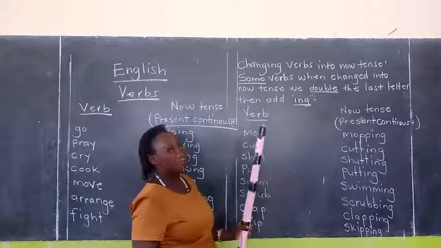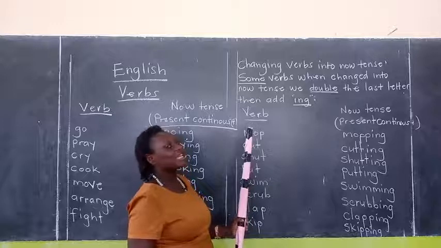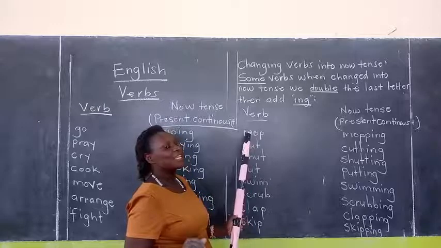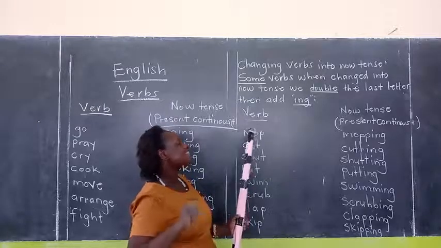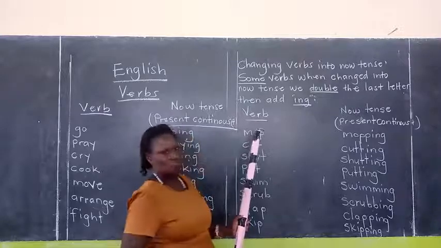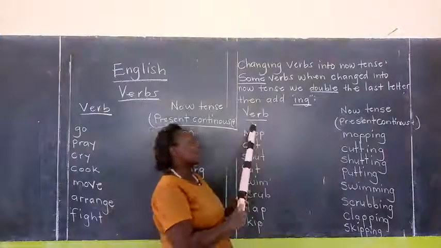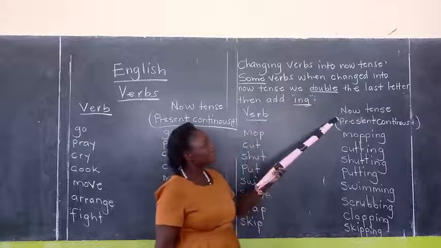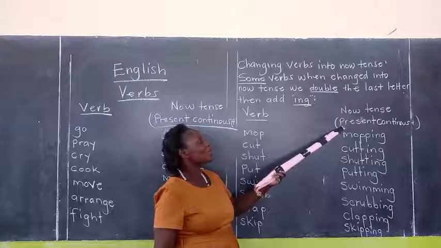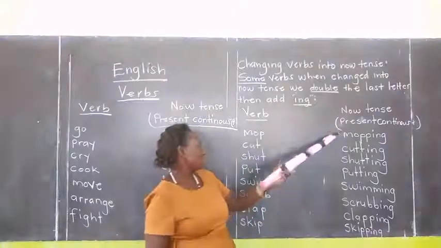We don't remove this side, but instead we double. Doubling means two. That means the last letter, you make them two. This side we have the verb side. Then this way here, we have the now tense or the present continuous tense.